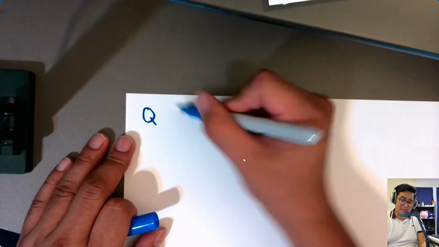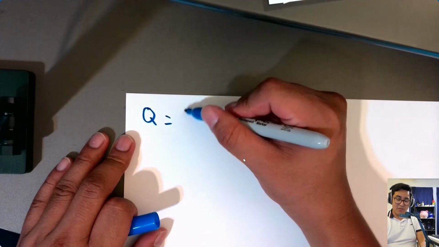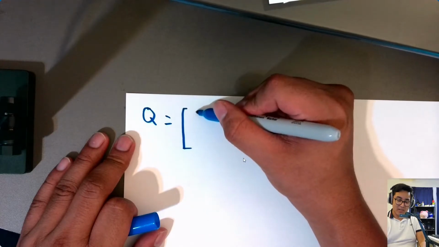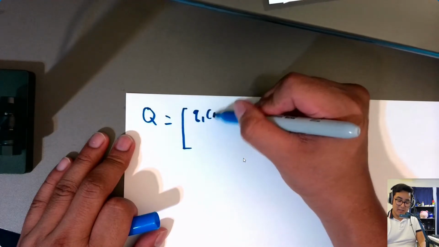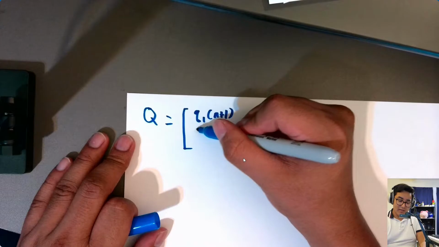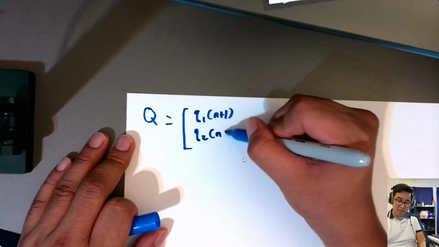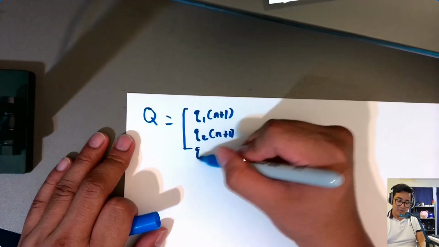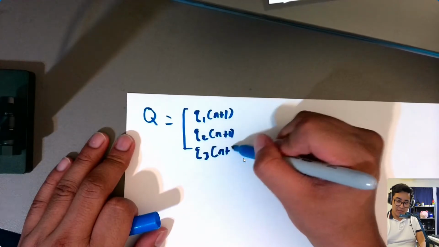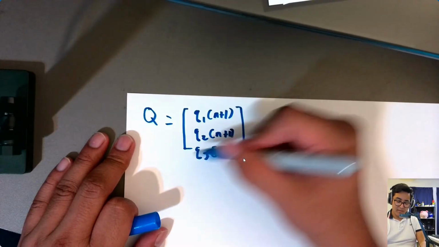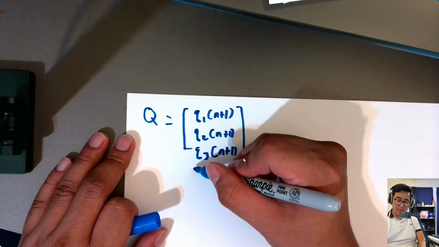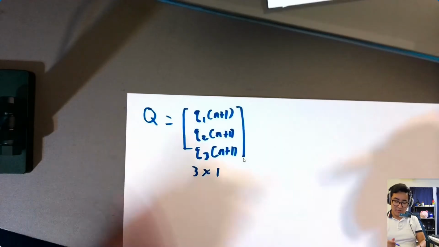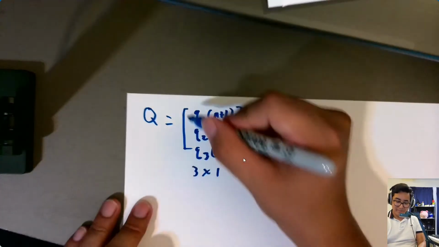Yeah, let's call it Q, which is going to equal Q of 1 of n plus 1, Q of 2 of n plus 1, and Q of 3 of n plus 1. So we have a 3 rows by 1 column matrix, okay?